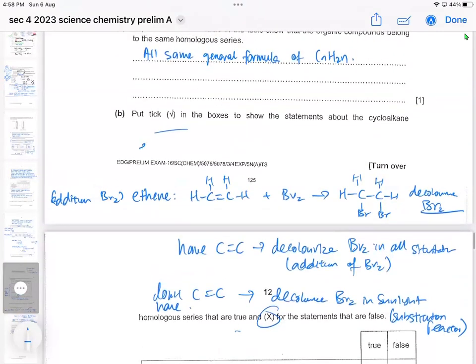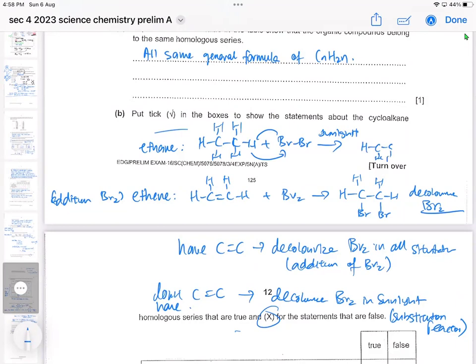Now, what about ethane? No double bond, and then you have the bromine again. Now, if you have sunlight, then you undergo substitution, the 1-for-1 exchange. And you get bromoethane and HBr. See, this is slightly different.